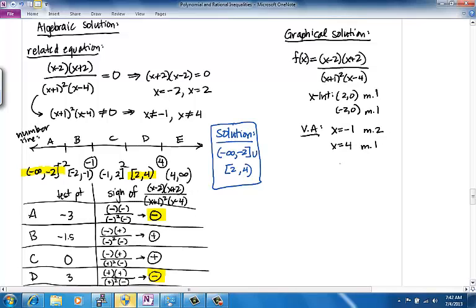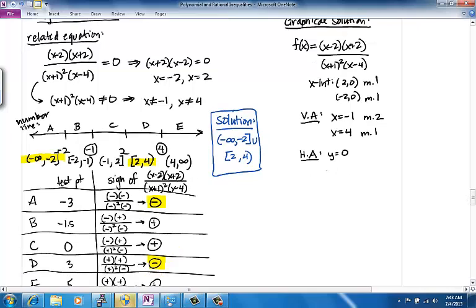It will probably help us to think about the horizontal asymptote as well. The degree of the denominator is larger than the degree of the numerator, so there's a horizontal asymptote at y equals 0. And we'll need a point that's not on the x-axis to get started. This time, if we plug in f of 0, that's not going to be 0.